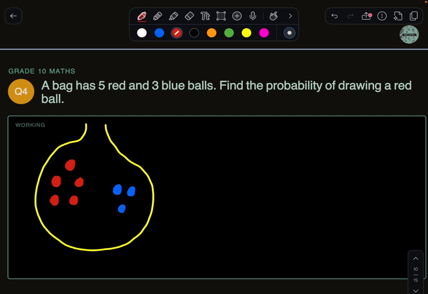So how we write it is we say probability of red. And basically what you say is how many red balls are there? So there are 5 red balls. How many balls are there in total? So there's 5 red and 3 blue, so there are 8 balls in total, and that is your probability there.